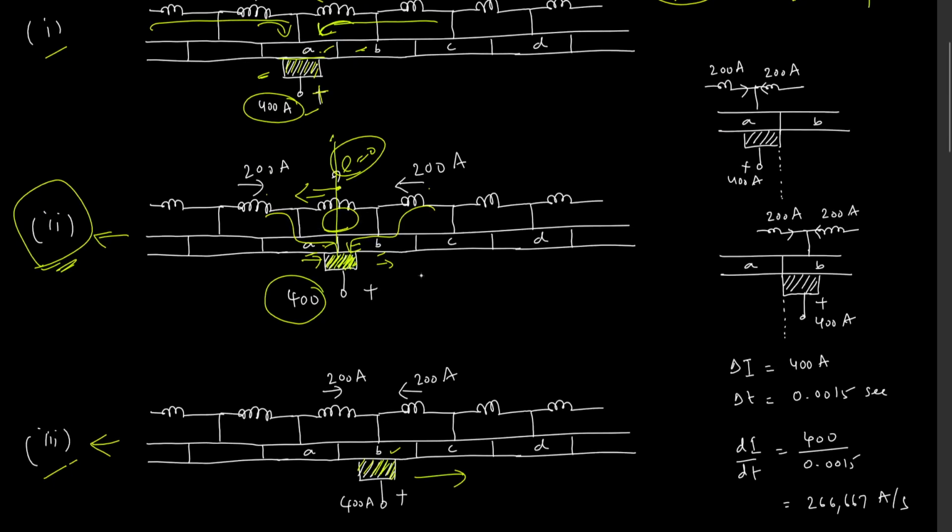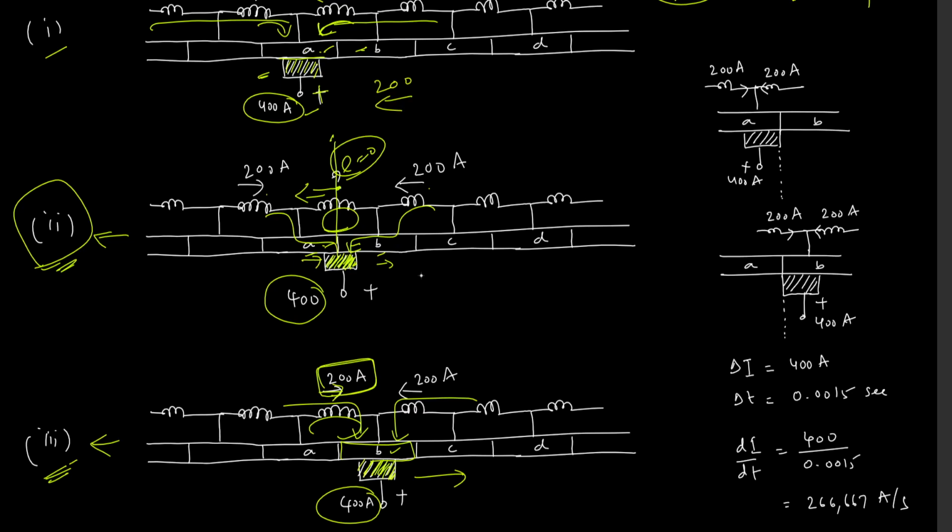and in the third instant when the brush is now moved on to the segment B, this is still collecting the 400 amps. Now this is coming from this end and this end. Now what is happening in this coil? Now the direction is reversed and it is now contributing 200 amps. In the first case it is contributing 200 amps in this direction.